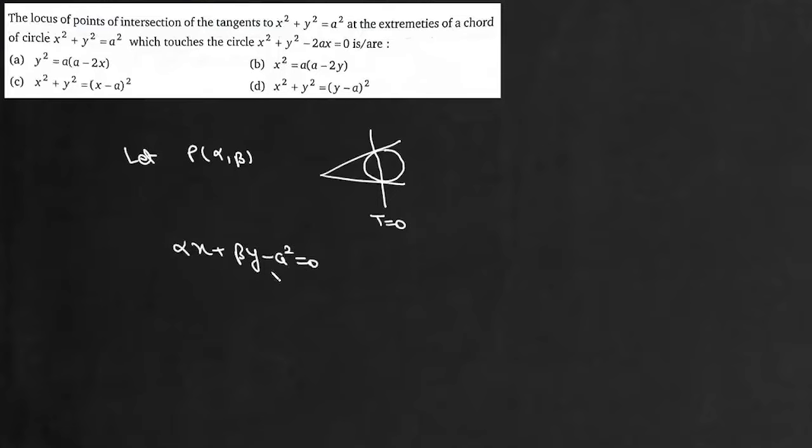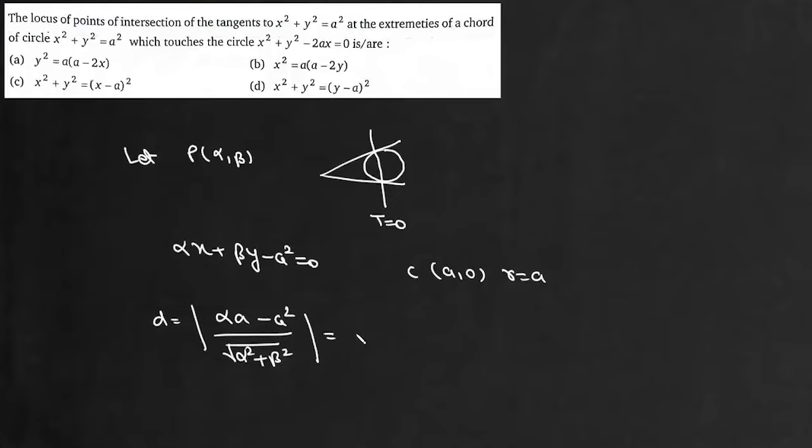That says this chord, it is tangent to this circle whose center is at a comma 0 and radius is a. So perpendicular distance from center must be equal to its radius. So we'll get alpha a minus a square upon under root of alpha square plus beta square, and they'll be equal to a. Now this a will cancel.